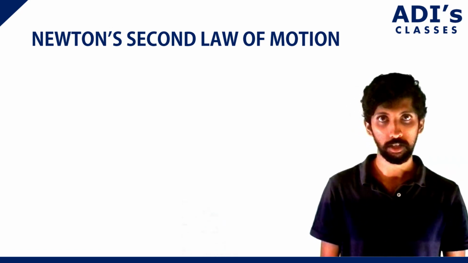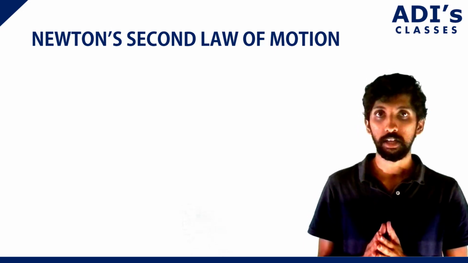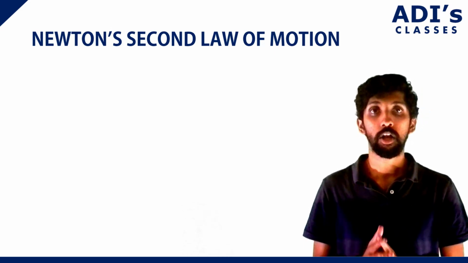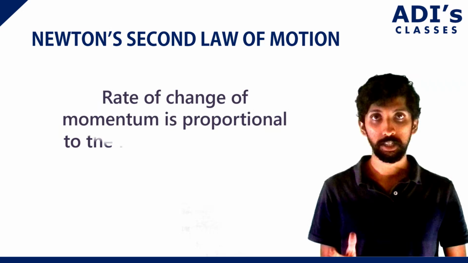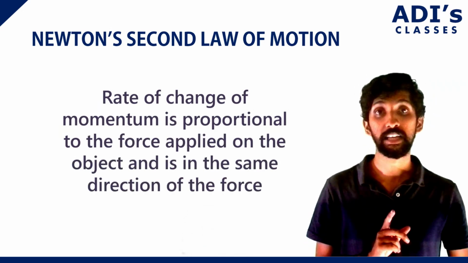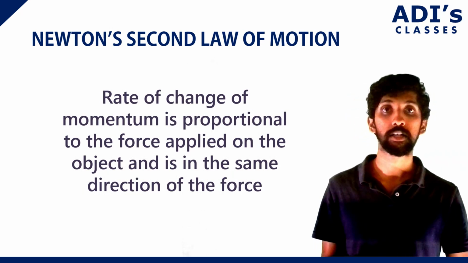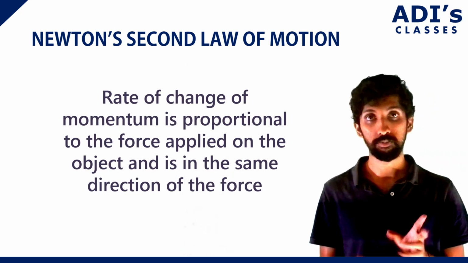So we come across the law which says the rate of change of momentum is directly proportional to the force applied on the object, and the change in the momentum is in the same direction of the force. Okay, this is what we call Newton's second law of motion.